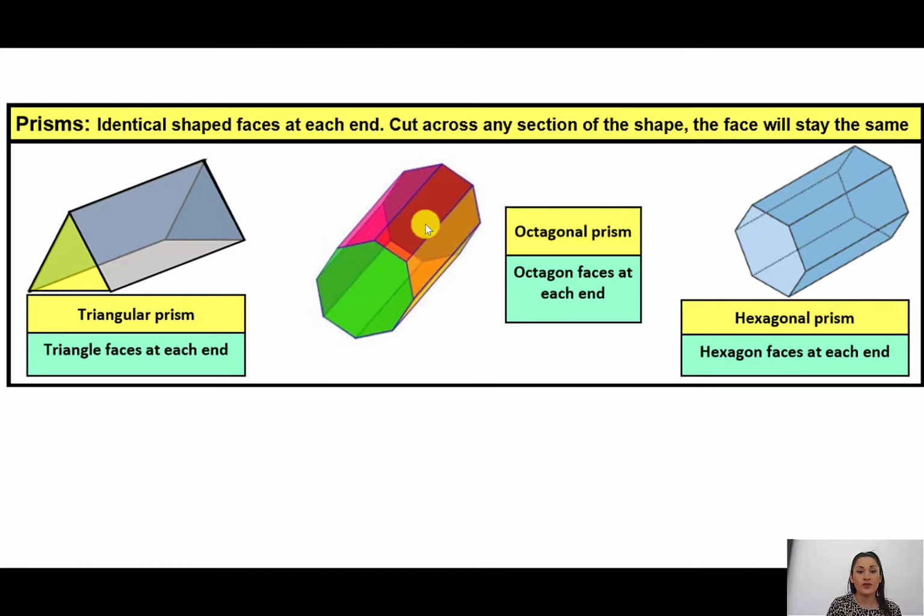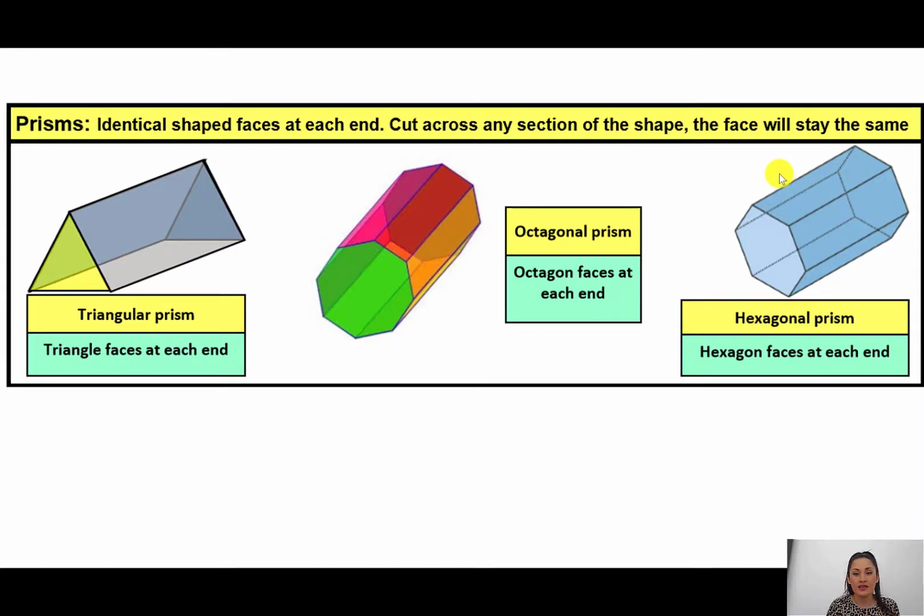So you'll have 2 faces, 2 shapes which are in the shape of the name. So 2 octagons, 2 triangles, 2 hexagons, and then you'll have rectangles, and the amount of rectangles will depend on how many sides there are in your shape. So 8 rectangles for an octagon, 3 rectangles for a triangle, and 6 rectangles for a hexagon.